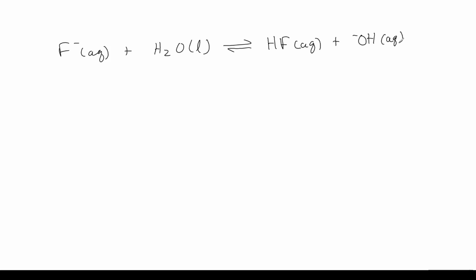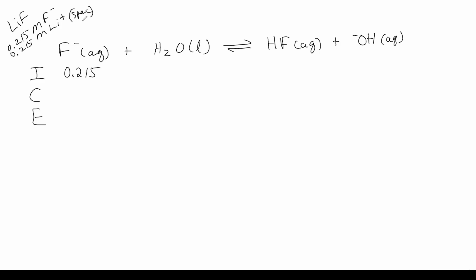Let's set up our ICE table now. We have initial, change, and equilibrium. Initially, it gave us a concentration of 0.215 molar of the lithium fluoride, which means that we have 0.215 molar fluoride anion and 0.215 molar lithium plus that we don't care about.